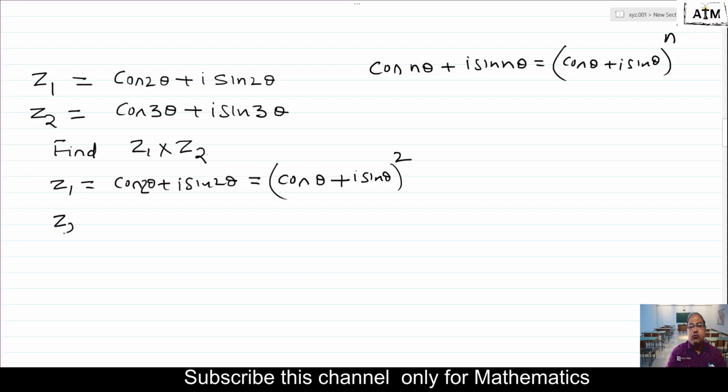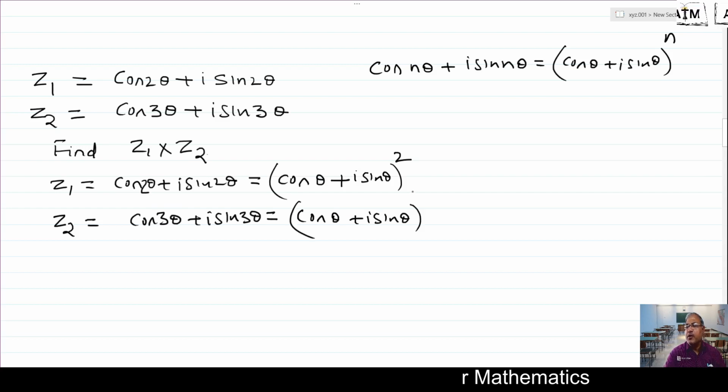And z2 equals what? Cos 3 theta plus i sin 3 theta. By using the same formula, we can write it as (cos theta plus i sin theta) whole raised to 3. That means in cos 2 theta plus i sin 2 theta, the 2 is shifted to the index.